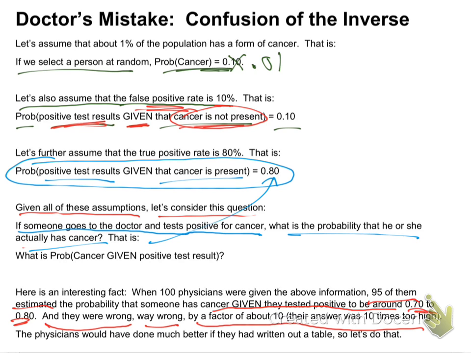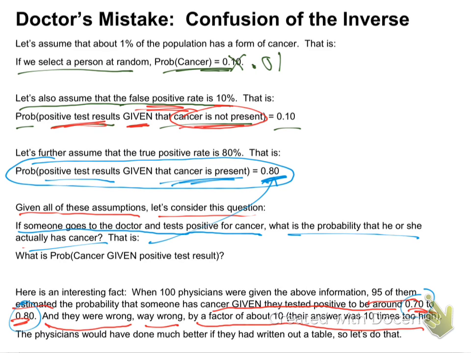Well, it's that. That's it right there, isn't it? Test result given that you've got cancer. 80%. And that's wrong. And that's what the physicians did. That's why they thought the answer was somewhere between 70% and 80%. They were looking at that 80% going, yeah, it's about 80%. No.